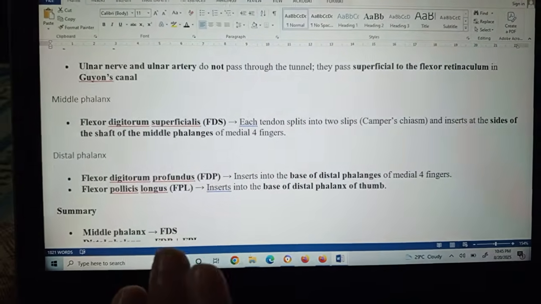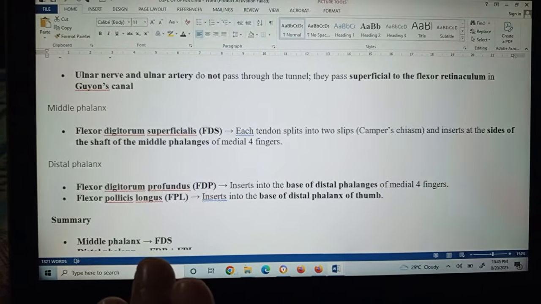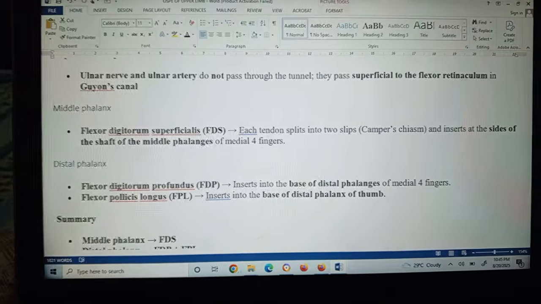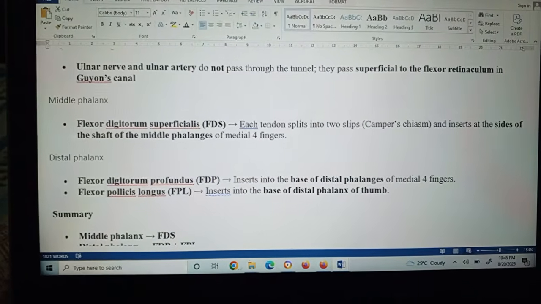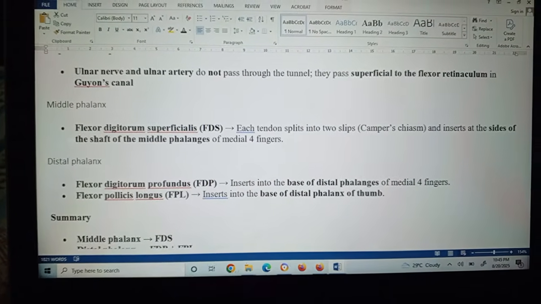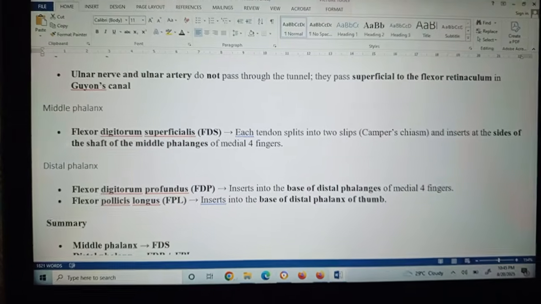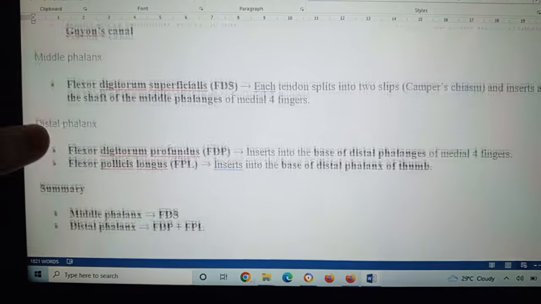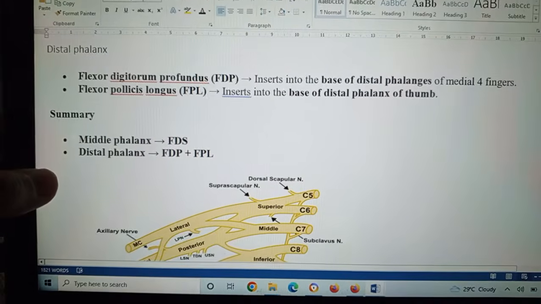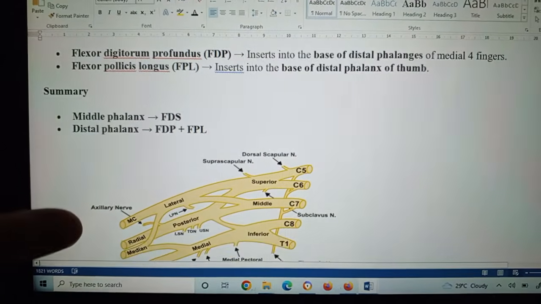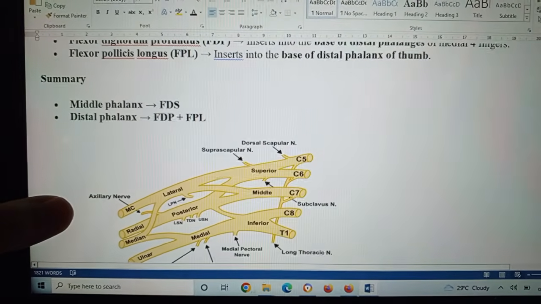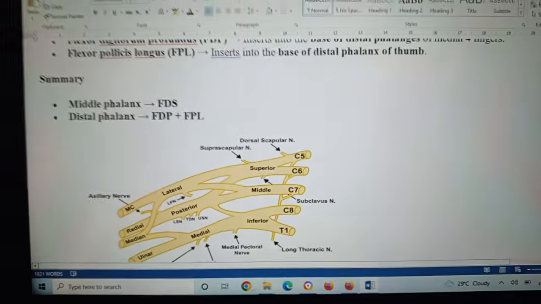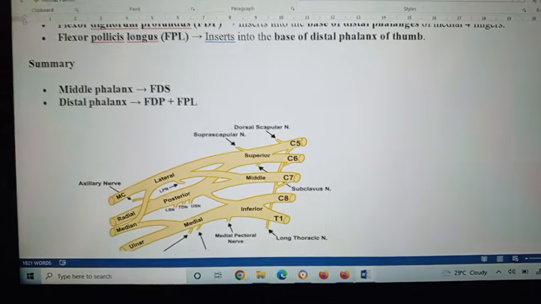Flexor digitorum profundus inserts at the base of the distal phalanx of the medial 4 fingers. Flexor pollicis longus, pollicis meaning thumb, is inserted at the base of the distal phalanx of the thumb. So the summary is: middle phalanx, flexor digitorum superficialis; distal phalanx, flexor digitorum profundus, and profundus means deep muscle; and flexor pollicis longus towards the thumb.